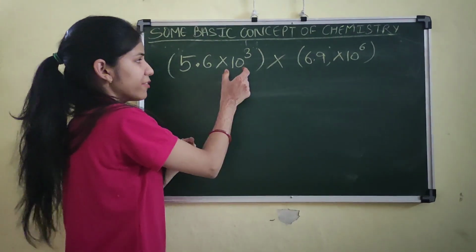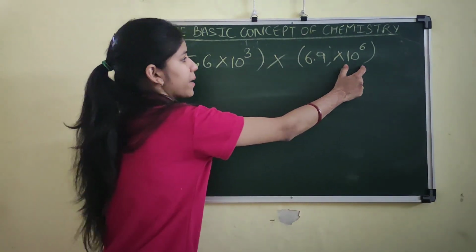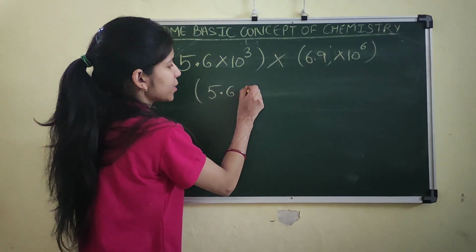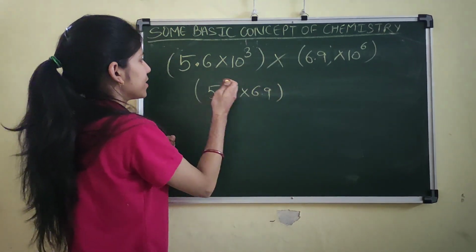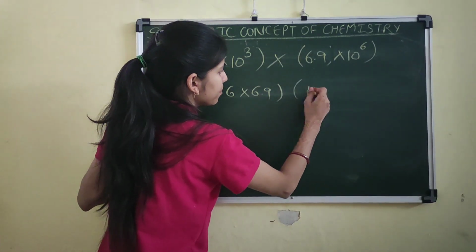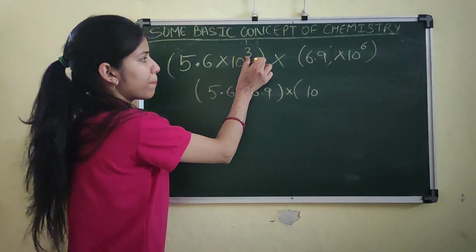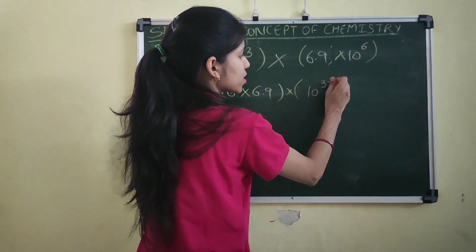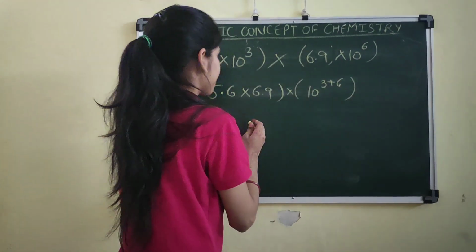Since the base is the same, we multiply 5.6 by 6.9 and add the powers: 3 plus 6 gives 9.